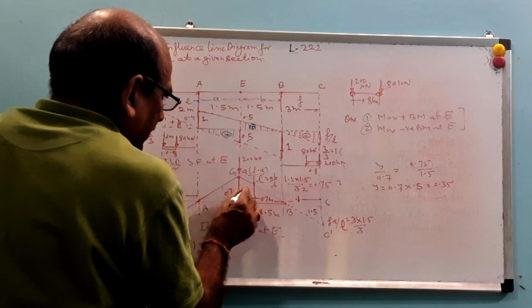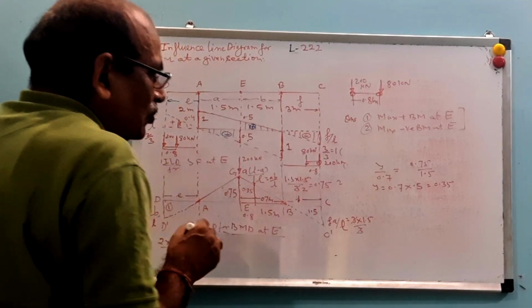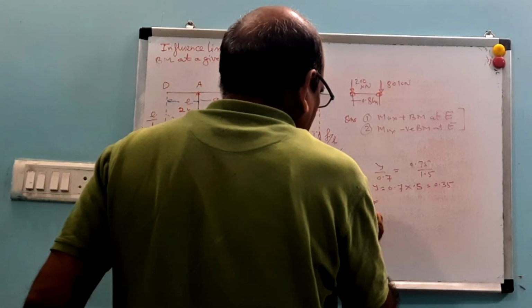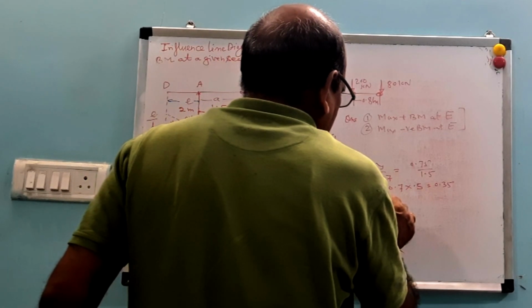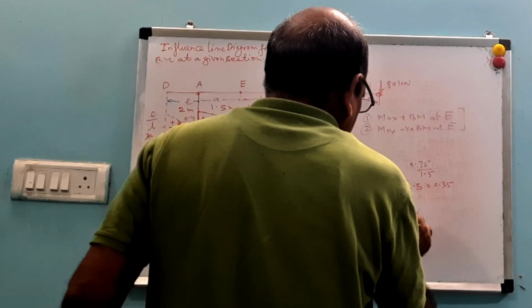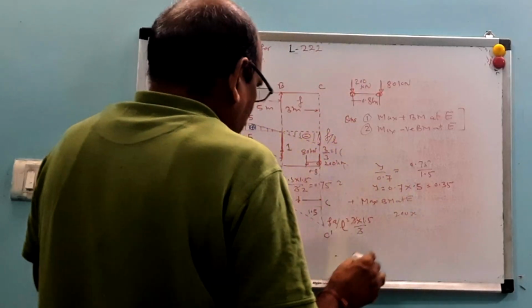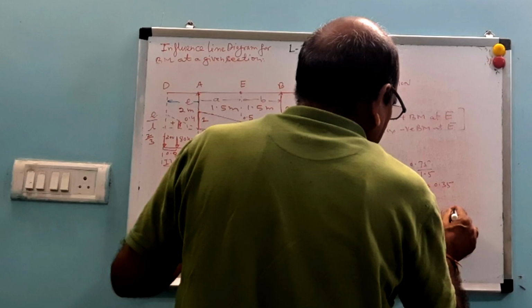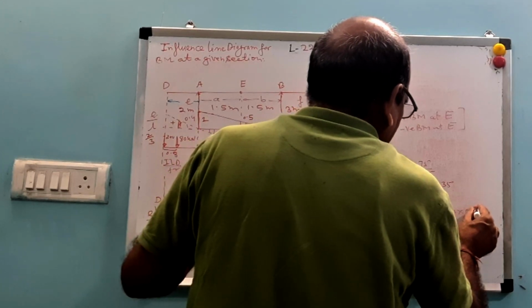So the maximum positive bending moment at E equals 200 into 0.75 ordinate plus 80 into 0.35.